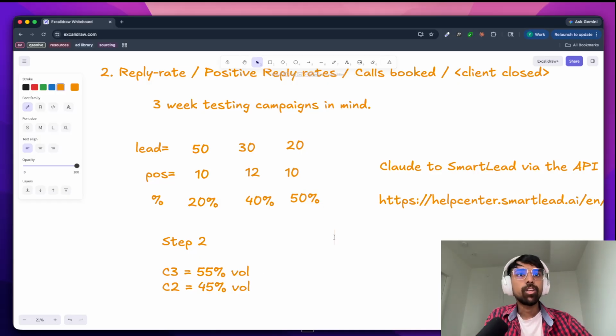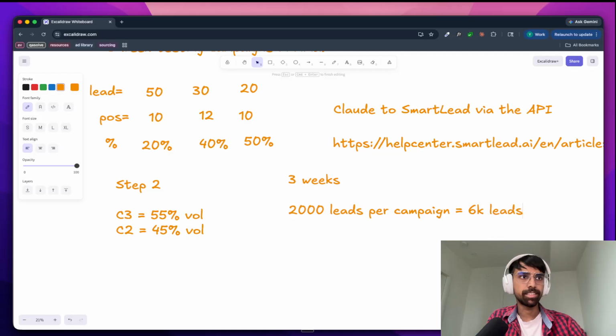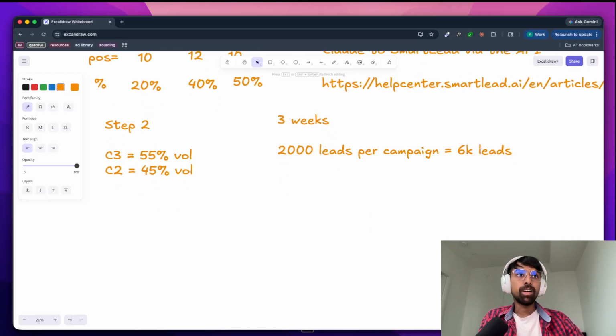Let's say in the first 3 weeks you tested 2,000 leads per campaign. So you've already burned 6K leads. That's why cold outbound needs about 20,000 companies or more, right? If you have a very small TAM, you won't be able to do these kinds of tests. So you need a bigger TAM, obviously.